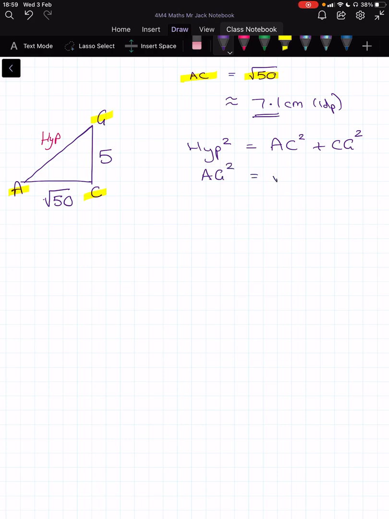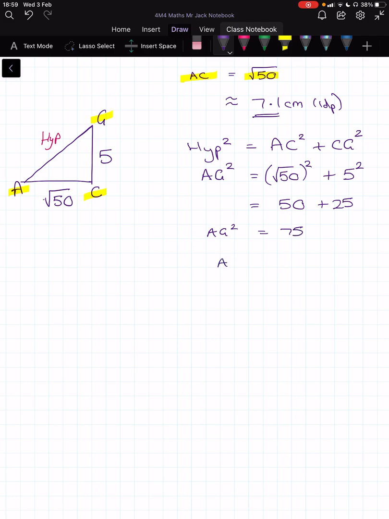AC squared is root 50 squared, or 7.1 if you're using 7.1, that's also fine. Please don't worry about that. Now I know that the square root of 50 squared is just 50. And we know that 5 squared is 25. So what we're saying here is AG squared is equal to 75.